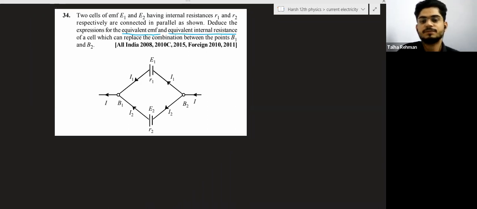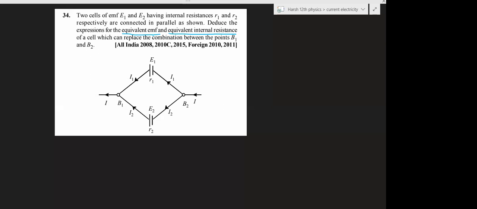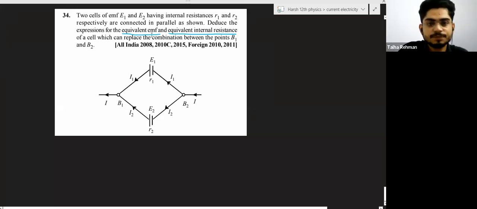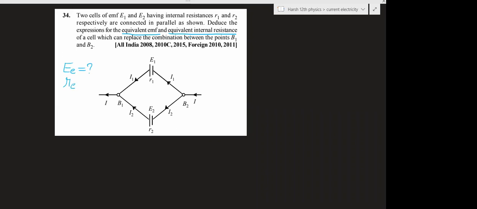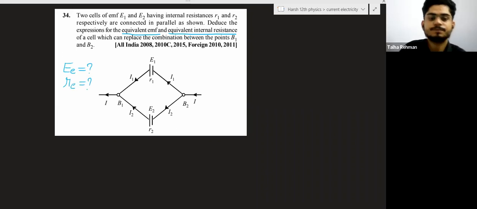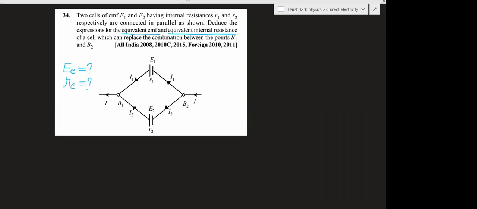So we have to find E equivalent and R equivalent for this type of combination.